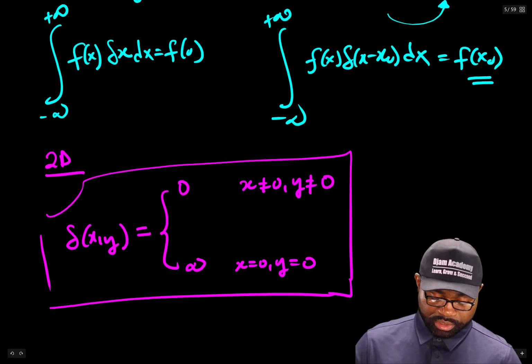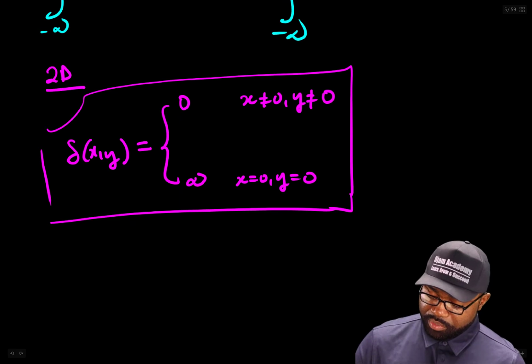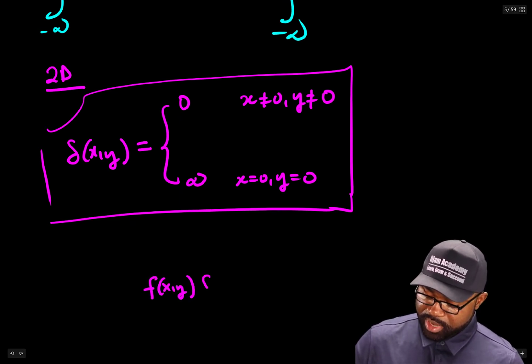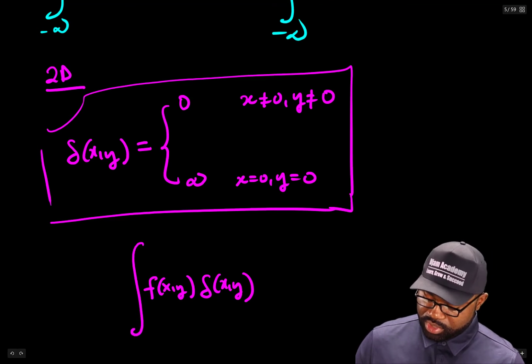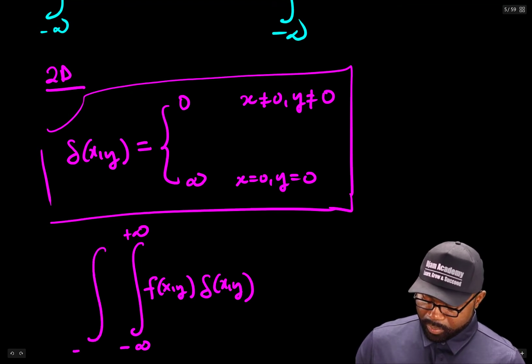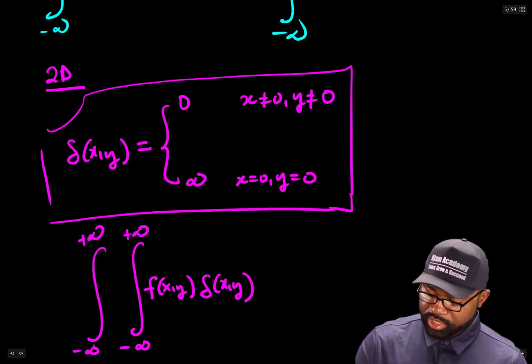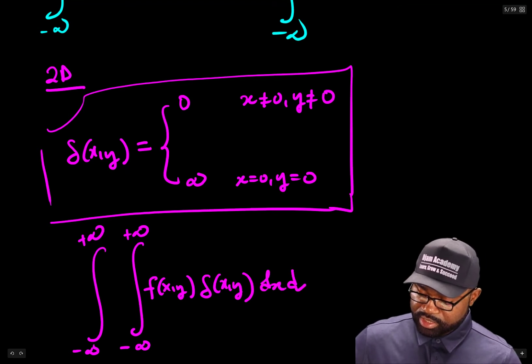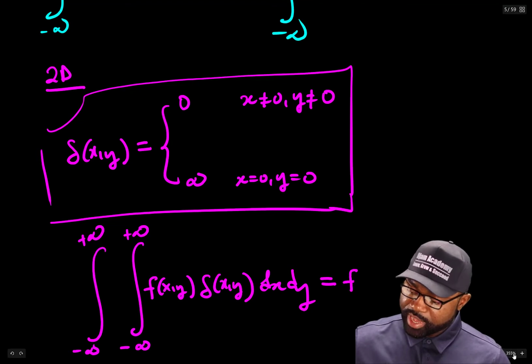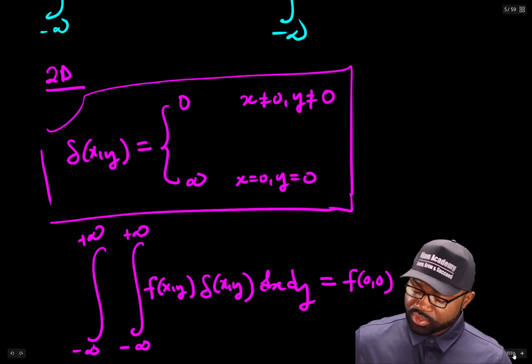Similarly, if we multiply the function f of x, y by delta(x, y), remember it is in 2 dimensions, and we integrate across all space, from minus infinity to plus infinity, dx dy, we will have the function f(0, 0).